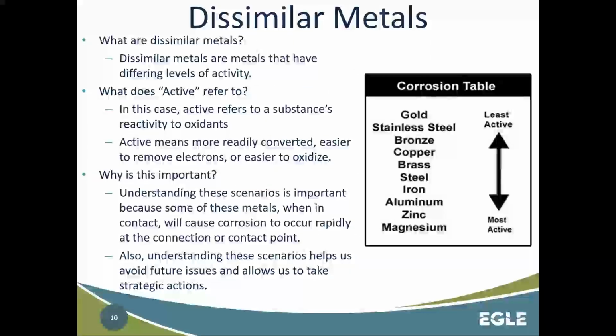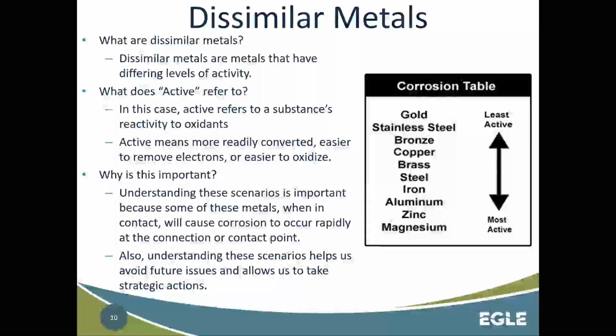So as we talk about corrosion, there's other things that might drive corrosion here. Instead of just the water column itself, water coming into contact with the metal surface, you also have this concept of dissimilar metals. All right, and dissimilar metals is essentially this idea of different levels of activity. Okay, what is more or less likely to give up that electron? So if there's a type of metal or a type of substance in general that's more likely to give up that electron, that's the one that will likely lose that material, right?